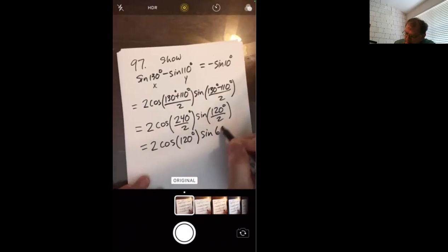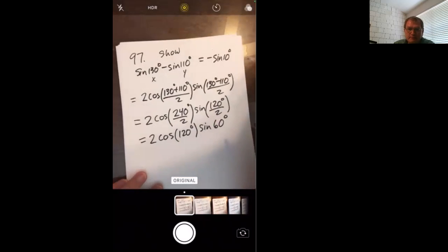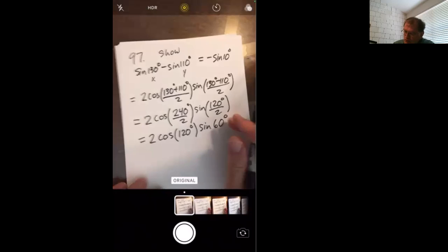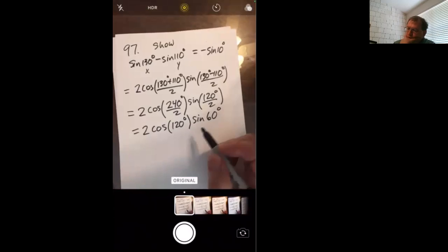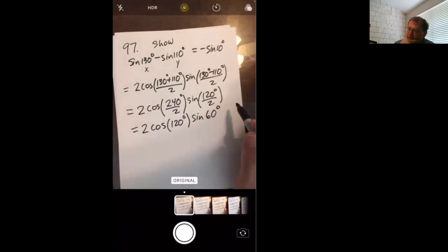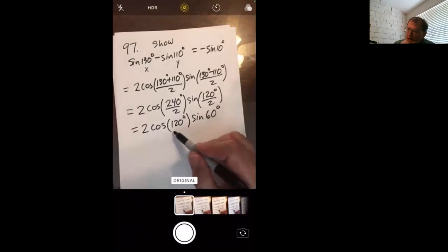Sine of 60 degrees. I was going to plug in my numbers, but how do I show that that's negative sine? That's a root 3 over 2, negative 1/2.